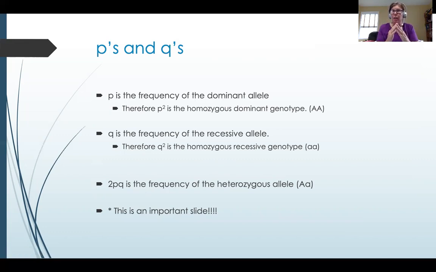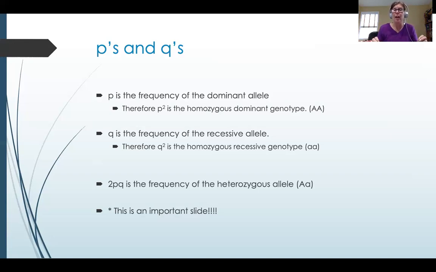If we want a genotype, that's big A, big A, which is the same as P times P, or P squared. Q is the frequency of the recessive allele. So Q times Q is your homozygous recessive, which is little a, little a. So Q squared is little a, little a.